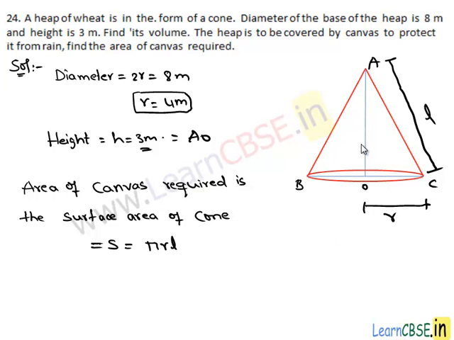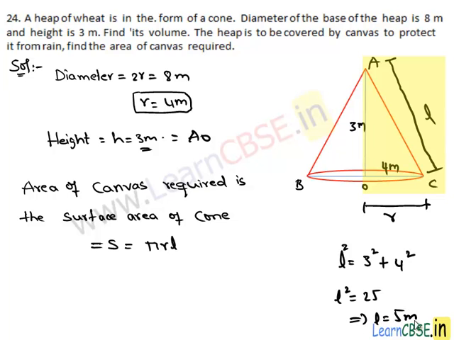We know the height of the cone, which is 3 meters, and the base radius is 4 meters. By applying the Pythagoras theorem on triangle AOC, we get the square of the hypotenuse, which is l square, is equal to the sum of the squares of the other two sides. Therefore l square is 25, and we get the value of l, which is 5 meters.